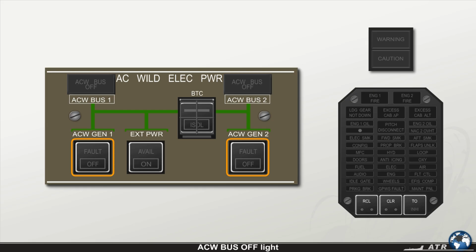Located above each AC wild generator push button, the associated amber AC wild bus off light indicates that the respective bus is no longer powered. If this happens, the CCAS is activated and the AC wild bus off local alert illuminates.